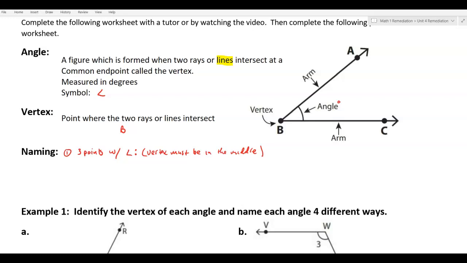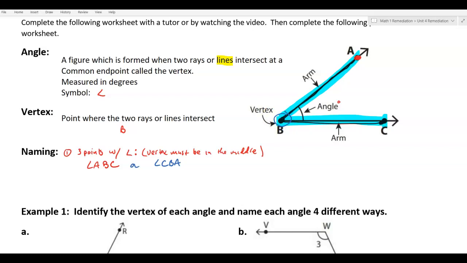So if I looked, I'd have to start at A or C. When I trace it, I start at A, I'd have to go to B, then I'd have to go to C. So I can name this angle ABC, or I can actually go the other way. I can start at C, go to B, and go to A, and that would be angle CBA.